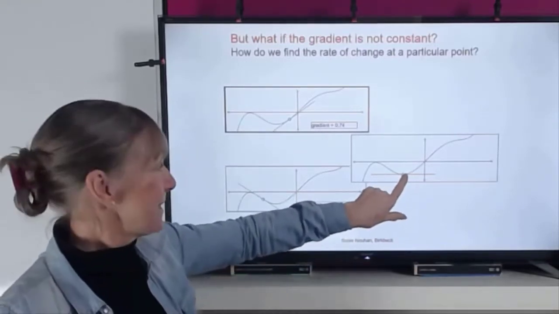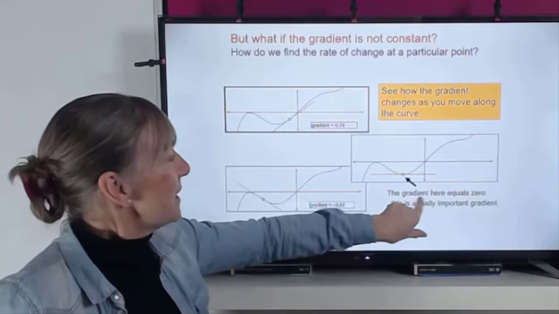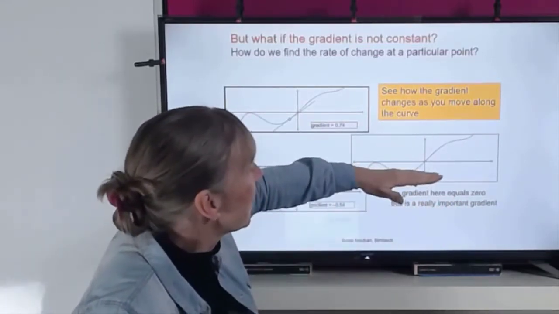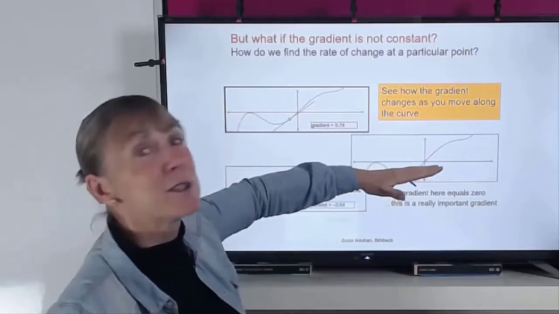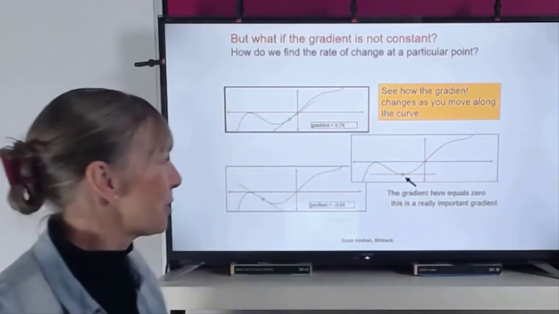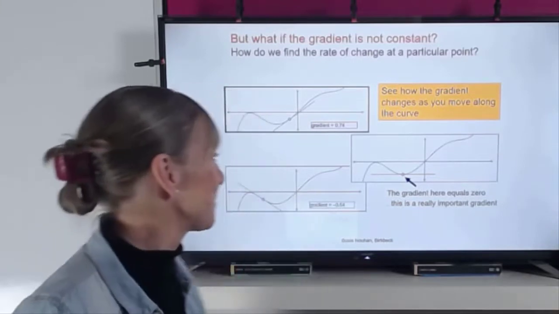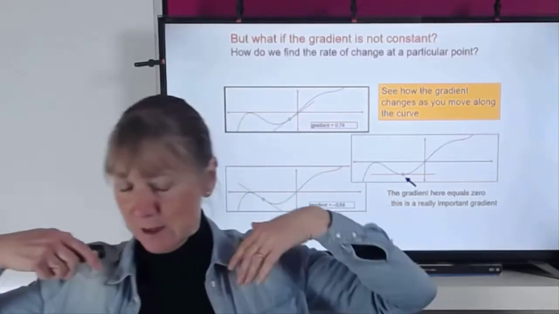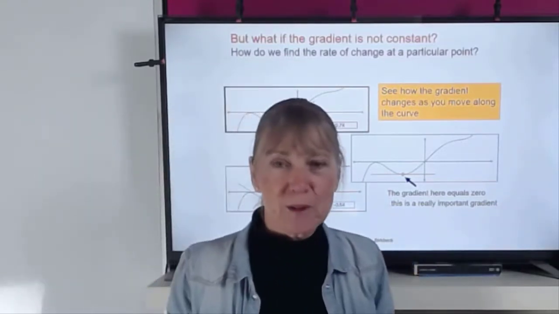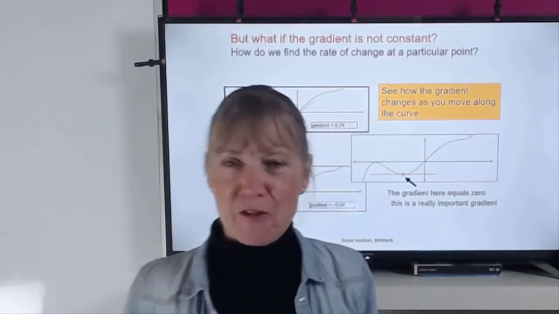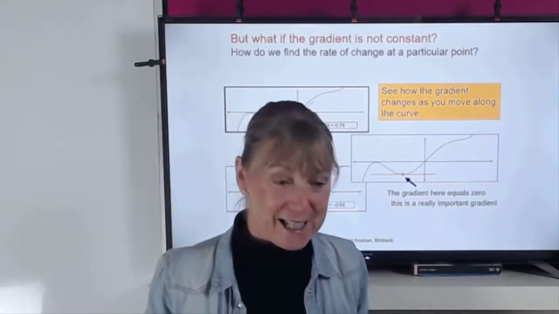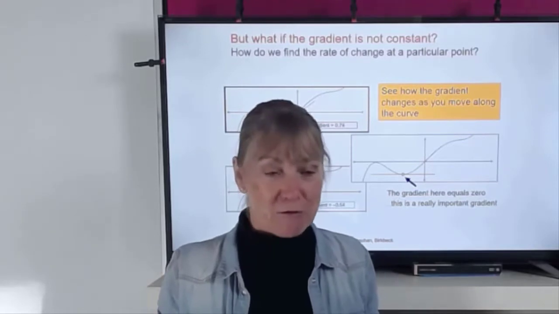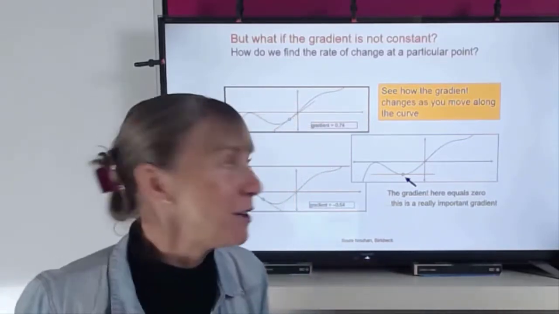We're going to look at this later. Here the gradient is equal to 0, because how much is y going up as x increases? Well, y is not going up at all. So that's a 0 gradient, but a very important one. So we can see that the gradient is changing. So we need completely different tools to help us find gradient. Now that we understand that gradient is really important because it indicates marginal change, then we're going to have to up our game and find ways of finding the gradient of a curve.